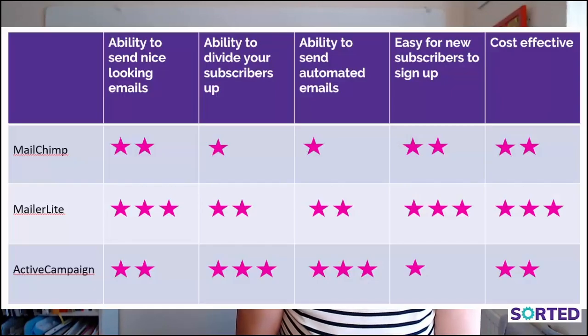I'm going to give MailerLite 3 out of 3 because they give you all their really great functionality for free. They're not holding anything back. And by the time you got to 1,001 subscribers where you'd be paying, you'd really know whether that was the right system for you. ActiveCampaign, 2 out of 3. I'm not saying they're charging too much, but they are quite expensive compared with the others.